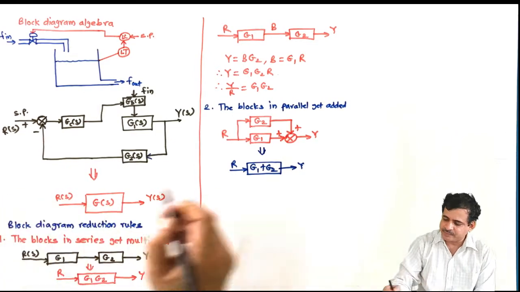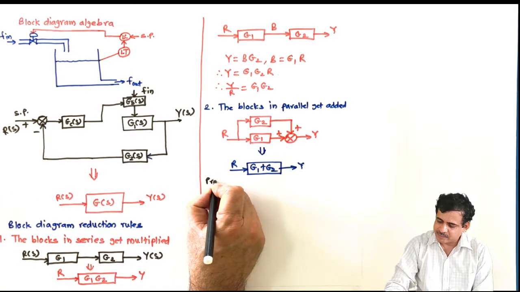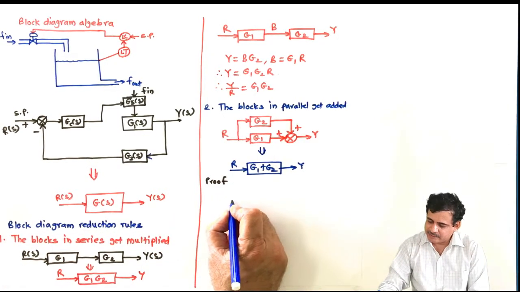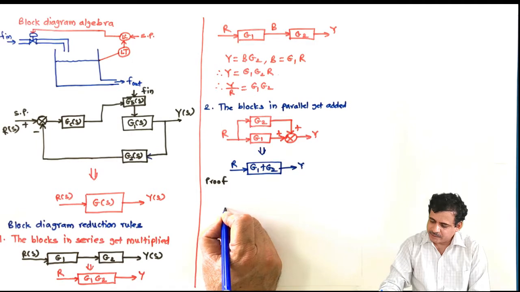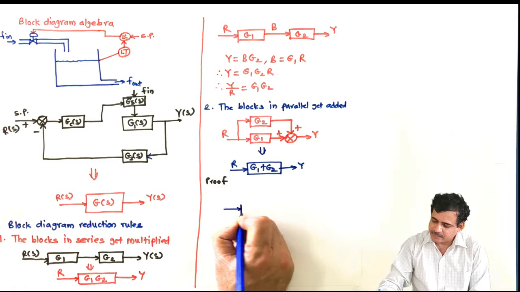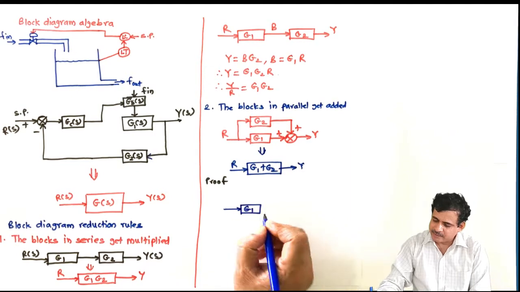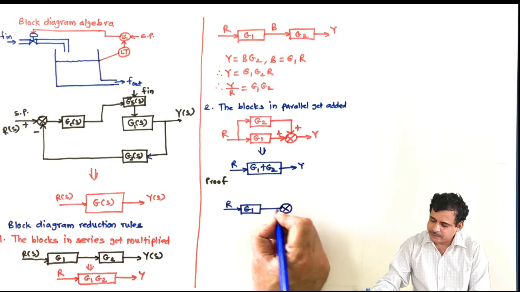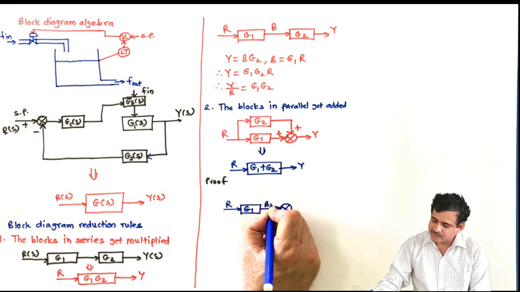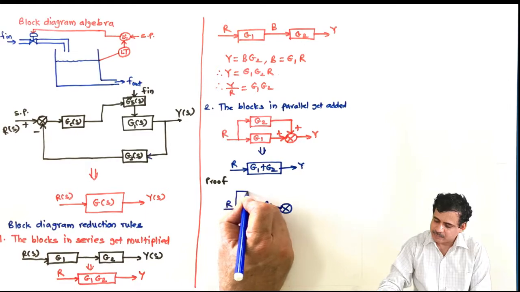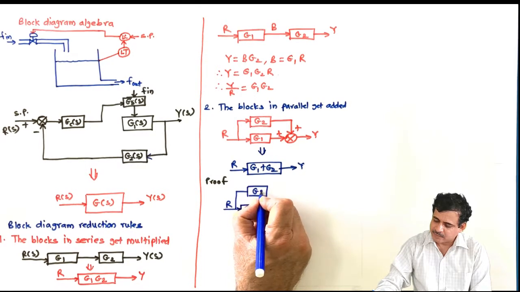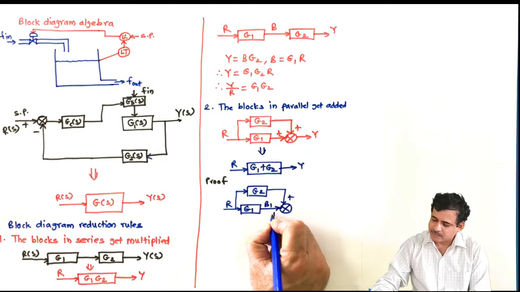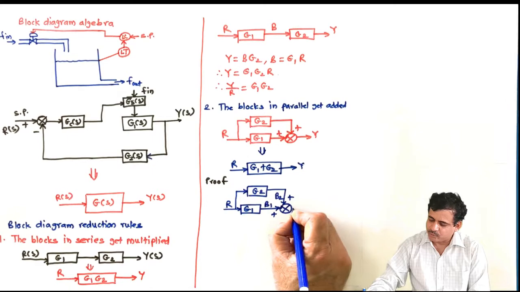So here also we can prove it. How can we prove it? For the proof, let us consider G1 is up here and this is the output. Let this output be B1. Let this output be B2.